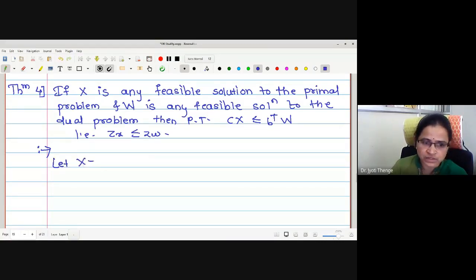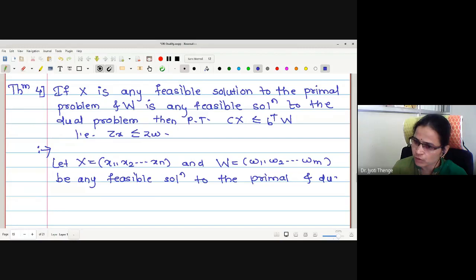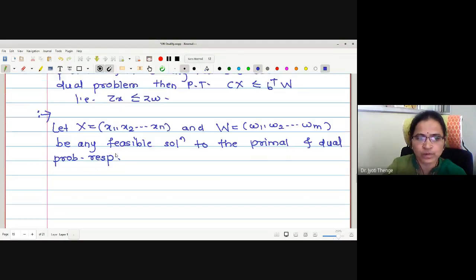Let capital X equal x1, x2 to xn, and capital W equal W1, W2 to Wm, be any feasible solutions to the primal and dual problem respectively.